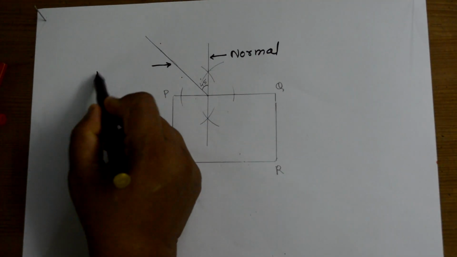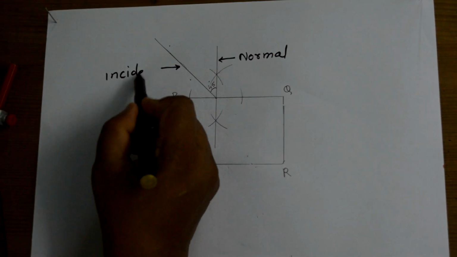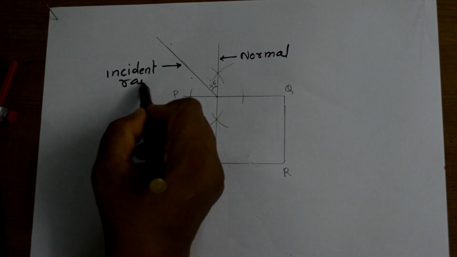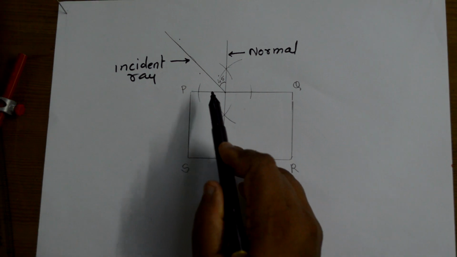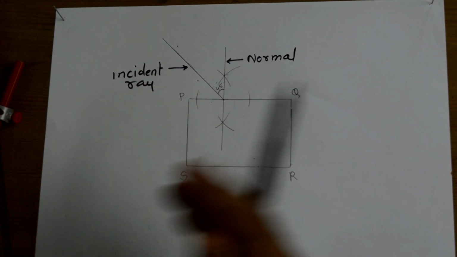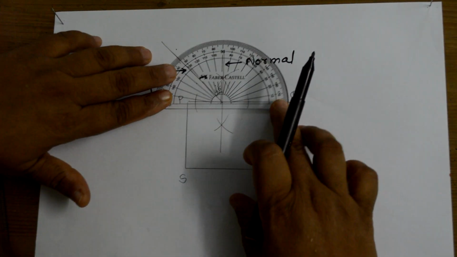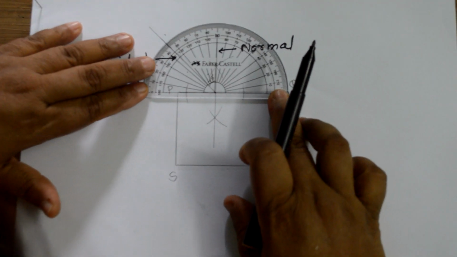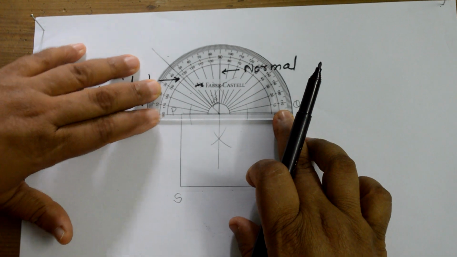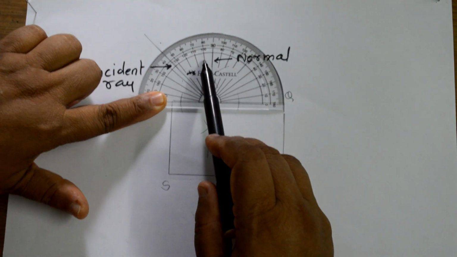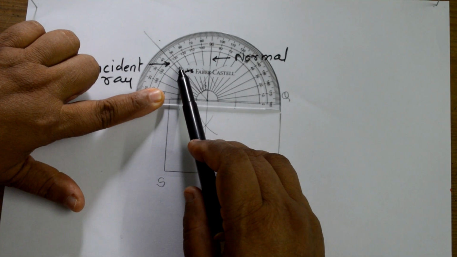This is incident ray and this angle is 45 degree. Measure, children. I am measuring it. It is exactly 45 degree. See, 10, 20, 30 and 45.